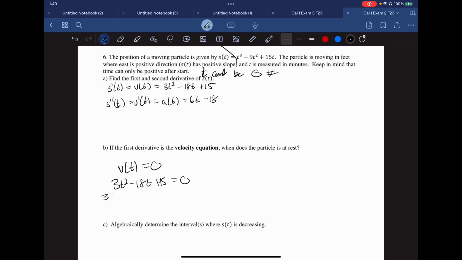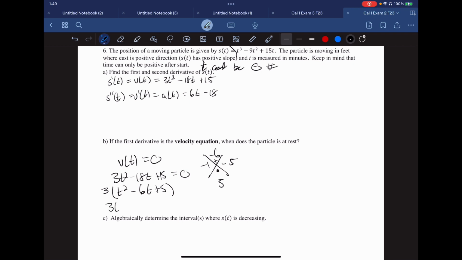First, what we're going to do is take out the 3, giving t squared minus 6t plus 5. Now what's the factor? 6, 5. So what here is going to add up to 6 and multiply to 5? That's going to be negative 1, negative 5, right?